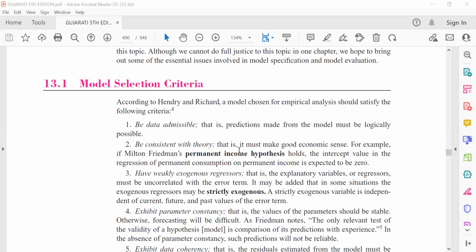The second one, be consistent with theory. If you use your model, first please check whether there is a theory that constructs your model. Please don't spend your time.